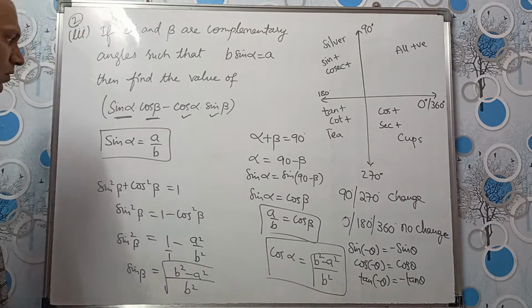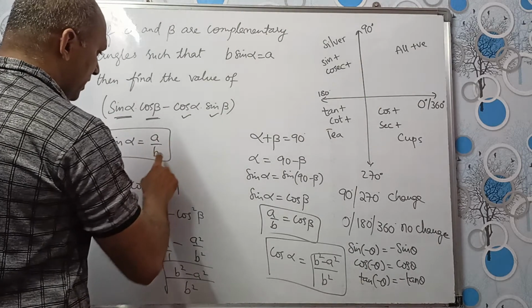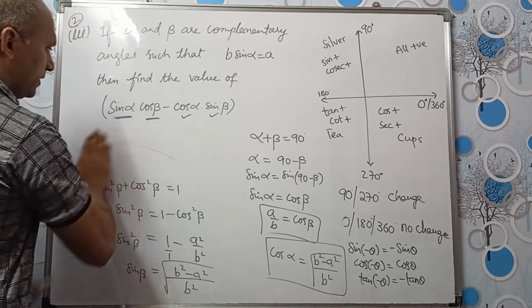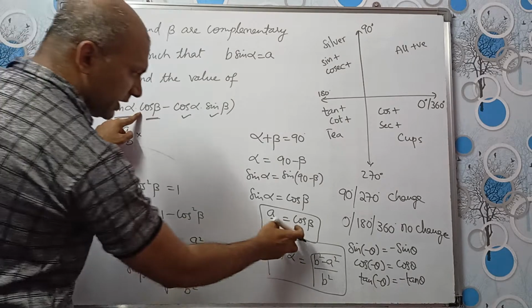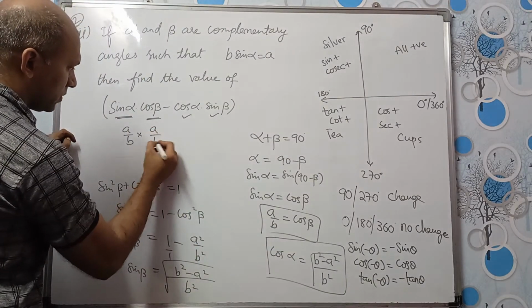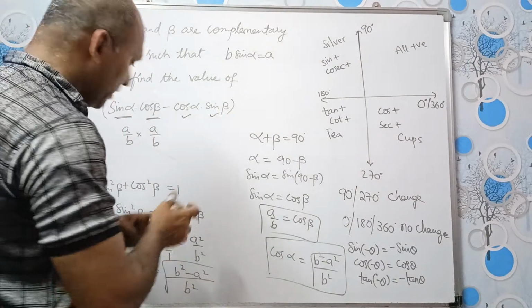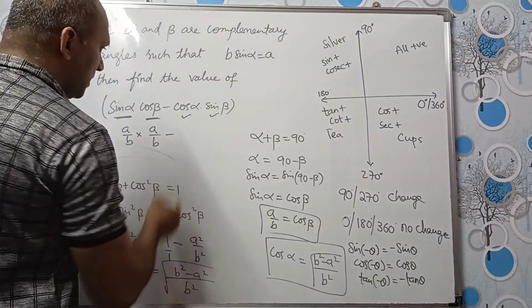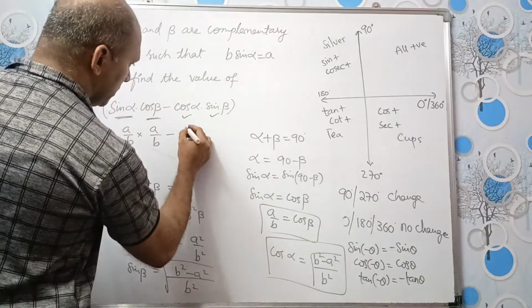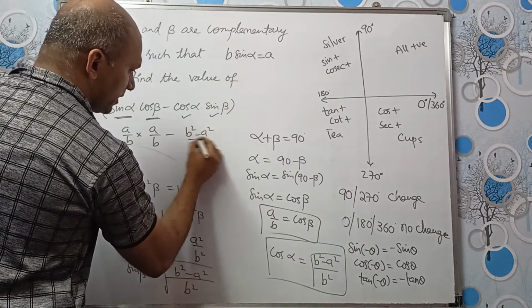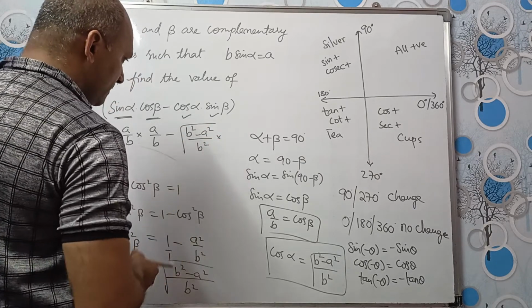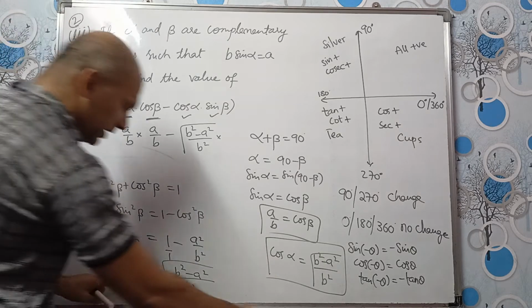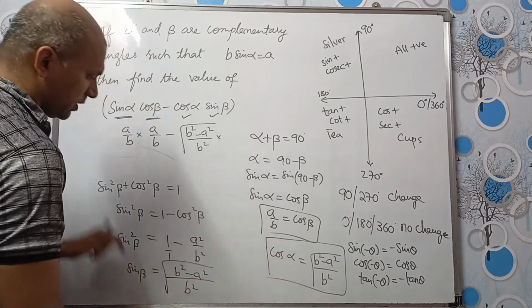Okay, we have all four values now. Sine alpha is a by 2. Let us write it. Sine alpha is a by b, multiplied by cos beta, which is also a by b, minus cos alpha, root of b square minus a square divided by b square, multiplied by sine beta, which is also the same, root of b square minus a square by b square.